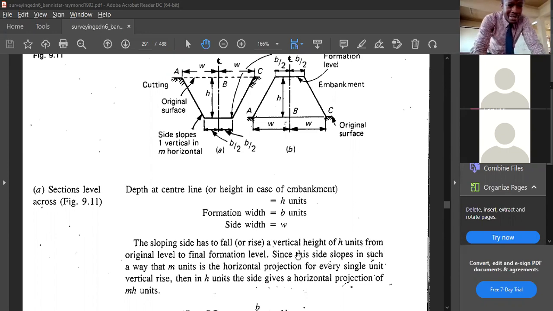All right, so the depth at the center line, or height of the embankment, is actually what? H. That's it, we're done.